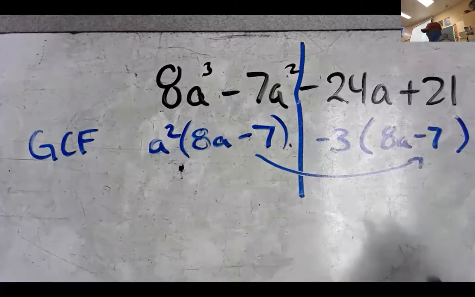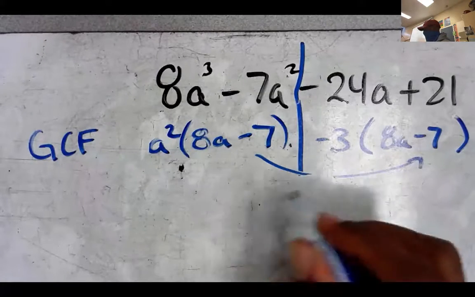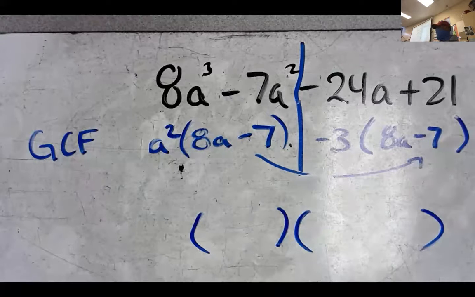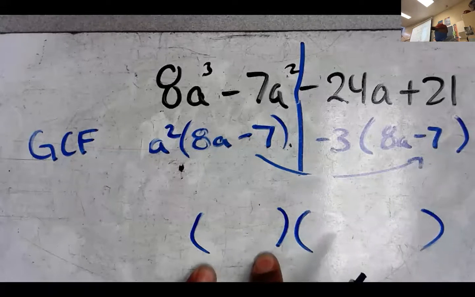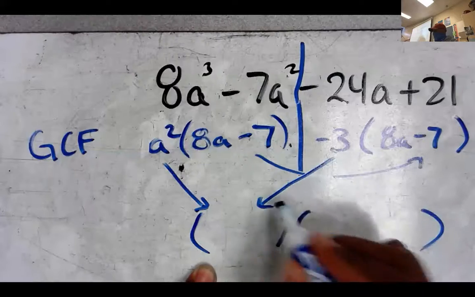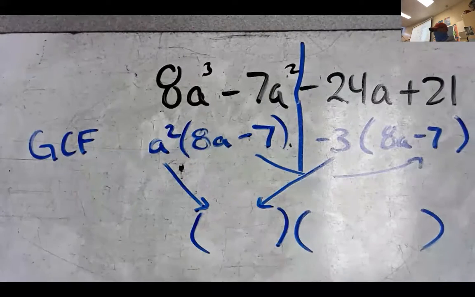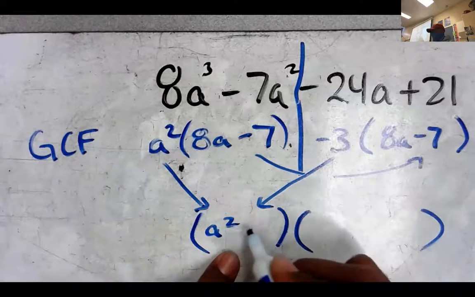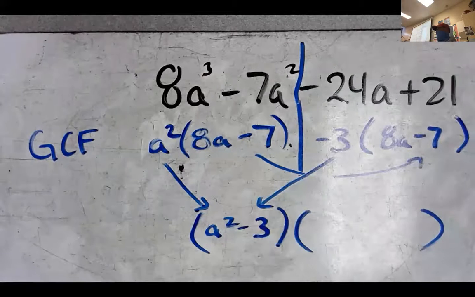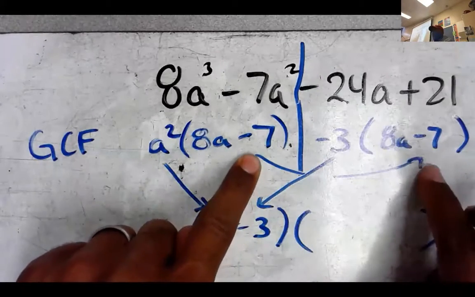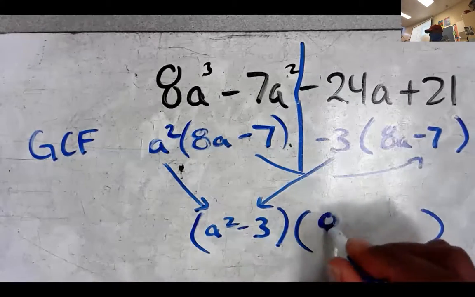All right, so now here's how you set up your factors. This is always going to end up giving you two separate factors. In the first parentheses, I take the first terms and they become the first factor. So a squared, and then your GCFs become your first parentheses like that. Okay, a squared minus 3. And then I take one of these pairs, you see how they're matching? I only take one of those and that becomes the second one.